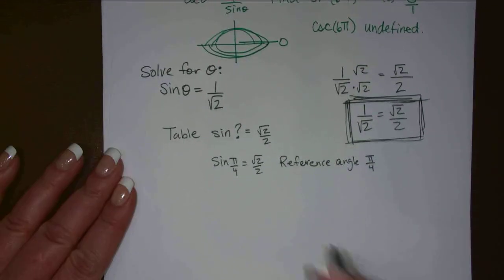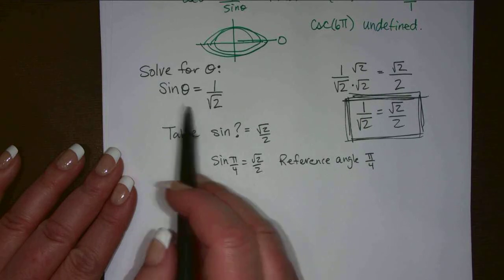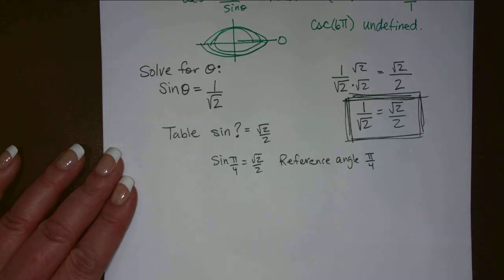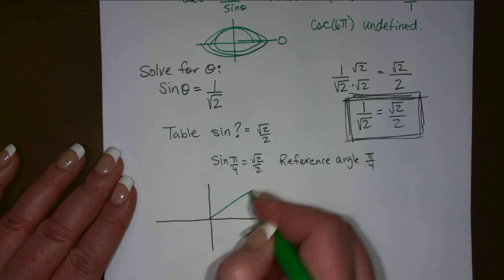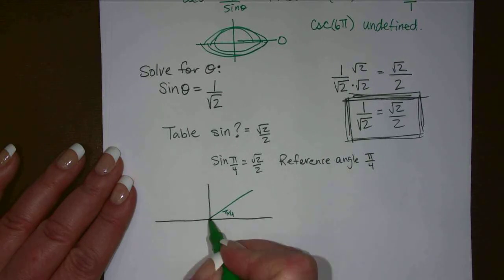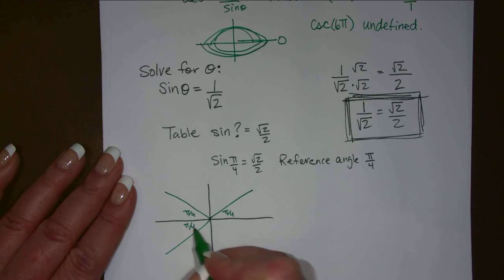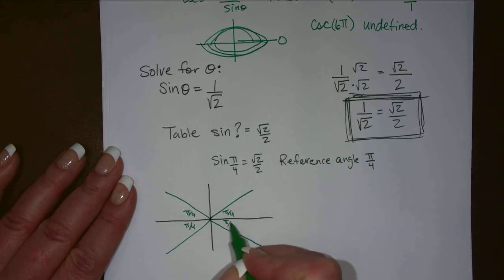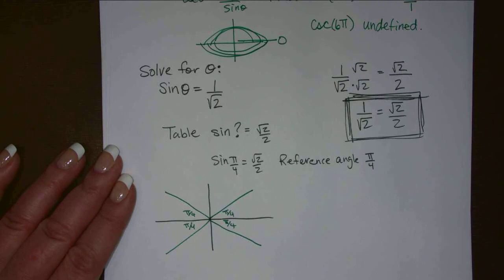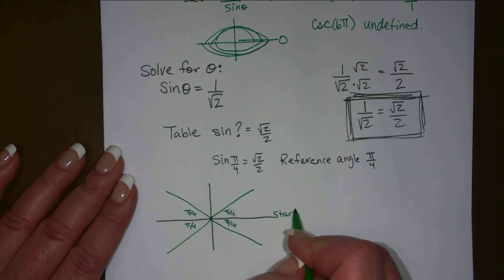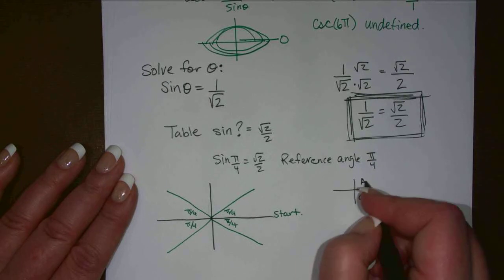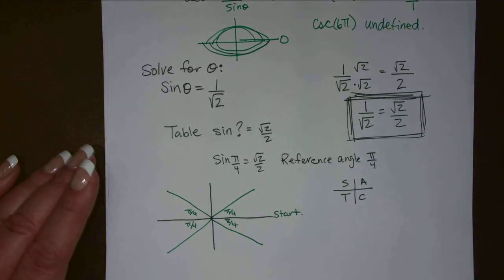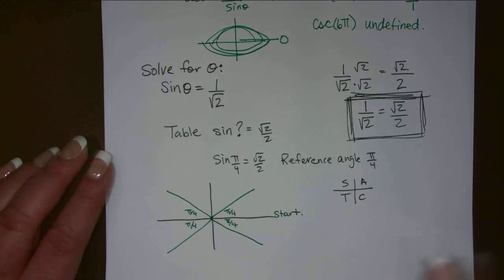Now, there are lots of angles that equal that, because it occurs over and over again. If you write your pi over 4 in each quadrant as your reference angle, here's your start. So we've got our reference angle and we have our answer. Is it positive or negative that we want?